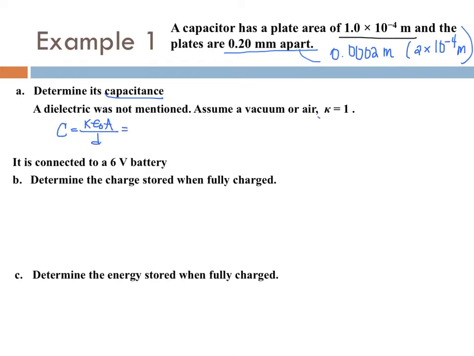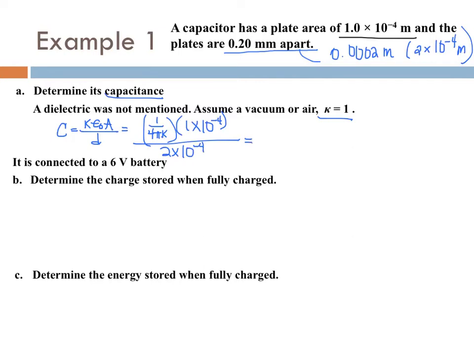Again, our capacitance is equal to 1, and our epsilon naught is 1 over 4 pi times K. Our area was 1 times 10 to the negative 4. And the distance between these two plates was 2 times 10 to the negative 4.